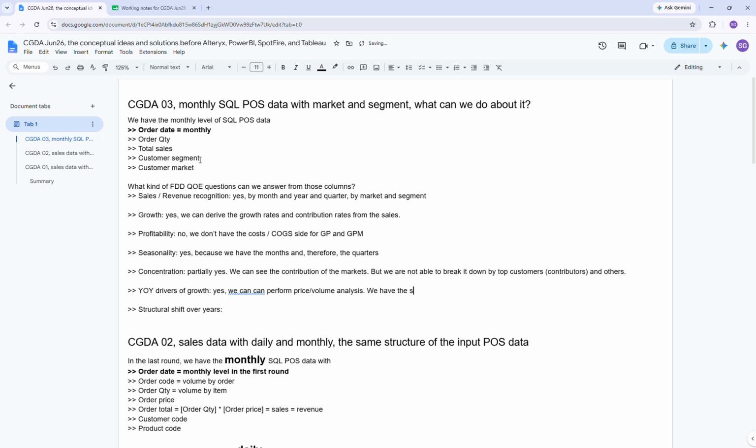We have the sale column, which is total sales in this case, and then we have the volume, which is order QT, to derive the basket size, or we need to add one more column, which is the basket size, from those two.